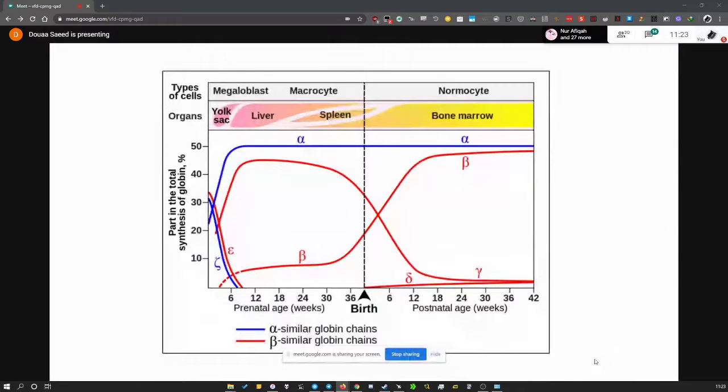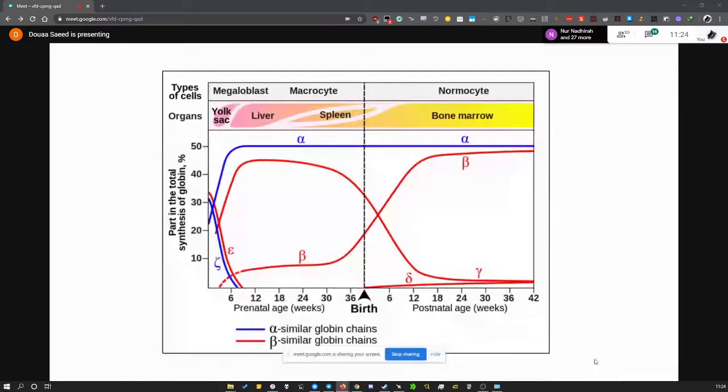In our red blood cell, we have hemoglobin and globin, right? There are alpha chains and beta chains. Normally we have 2 alpha chains and 2 beta chains, but fetal hemoglobin is usually alpha and gamma chains, making hemoglobin F. After birth, they will start developing the beta chains, and there will be a reduction in the gamma chains, and then they move on to the normal adult hemoglobin, which is A.